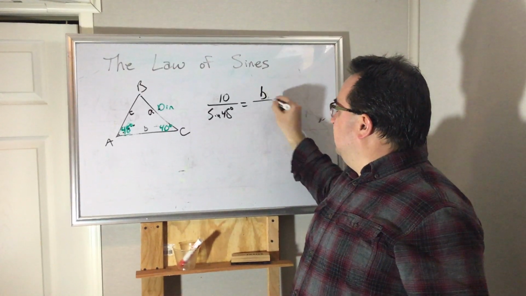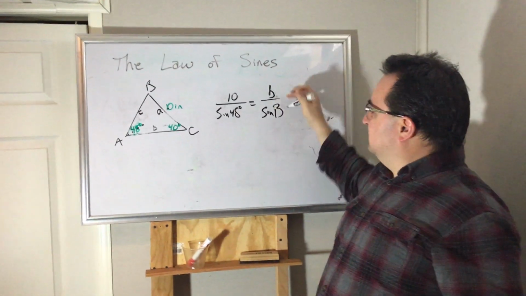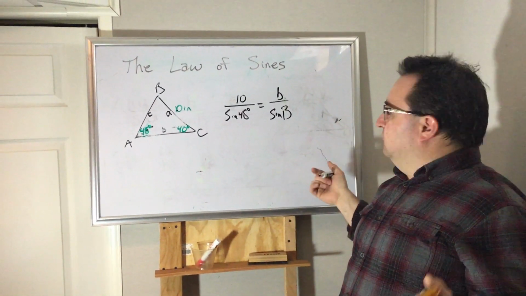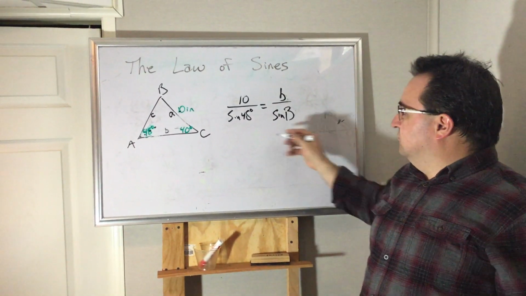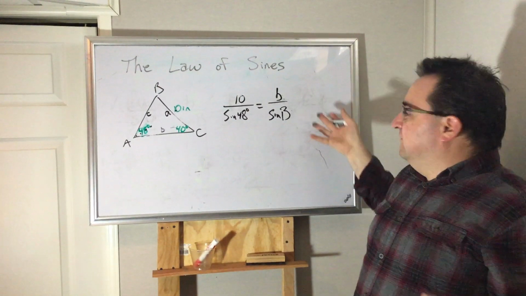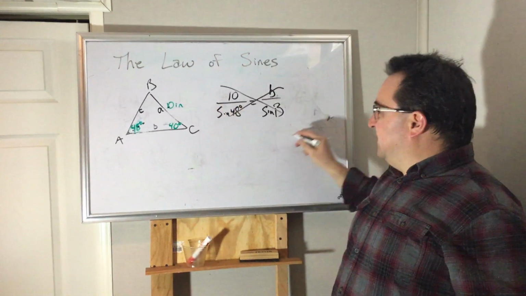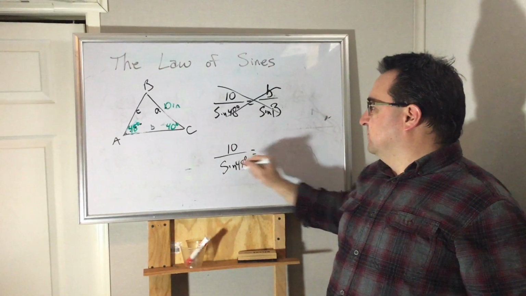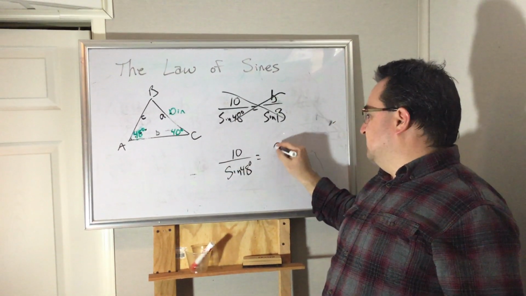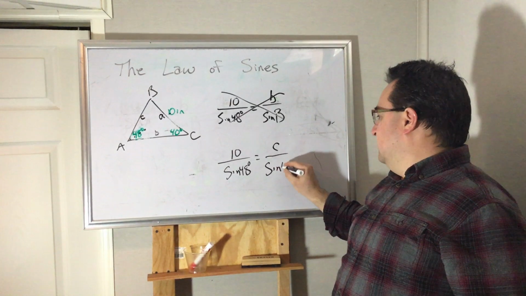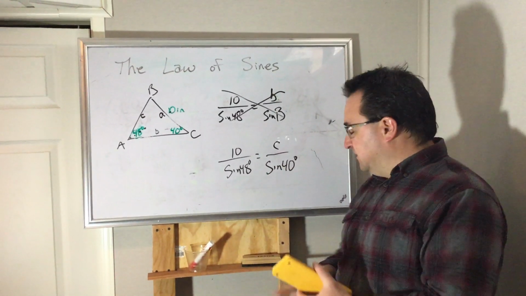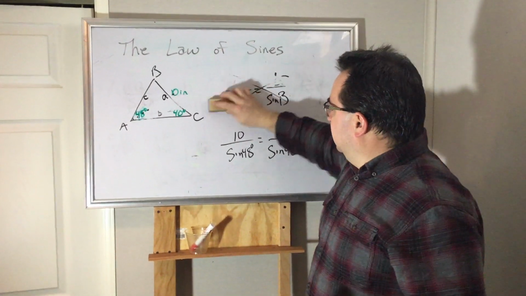So that would be b over sine of b. See how I have 2 unknowns there? You can't solve for that. So you don't got to memorize it. If you're doing the problem and you have too many unknowns, that was a dead end, and you got to try again. So I know that opposing pair, and you just try the others and see what happens. We already solved that, but that's how you set it up.